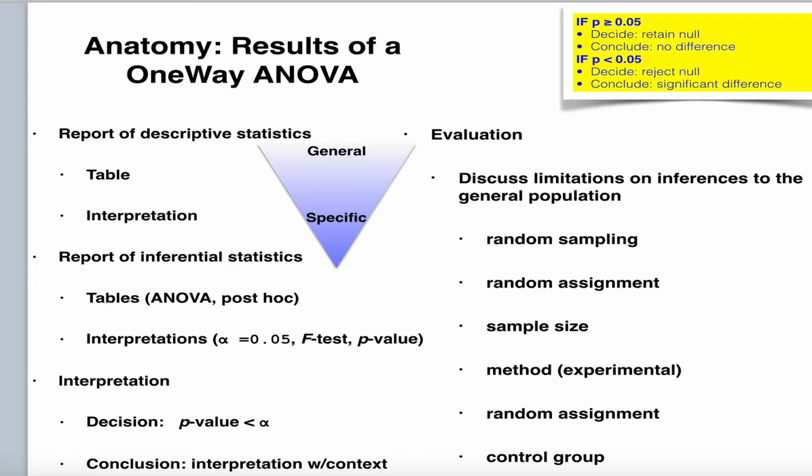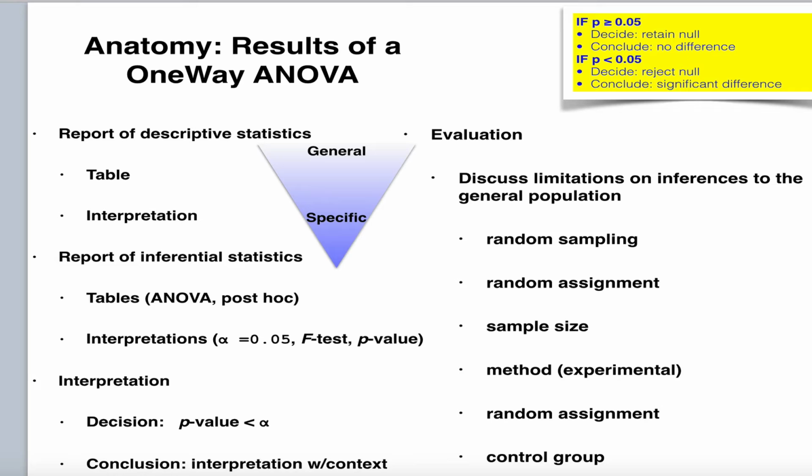So then you would move into reporting the inferential statistics, and you would begin by providing a table on the analysis of variance, and probably followed up by a post hoc test if the ANOVA was statistically significant. Following the table is going to be your interpretation of the results. So you're going to test everything at the 0.05 alpha level. The analysis of variance uses an F-test, and you're going to use the p-value to make your decision.